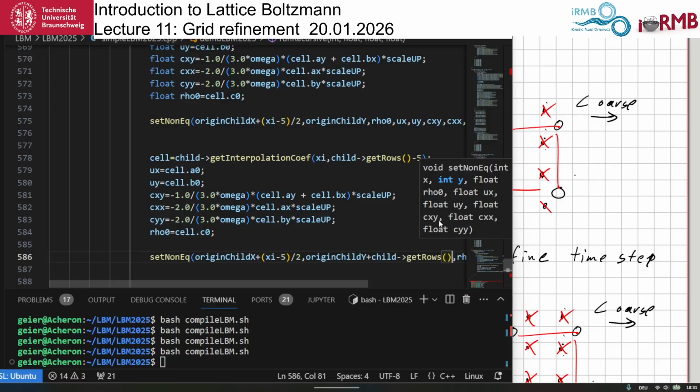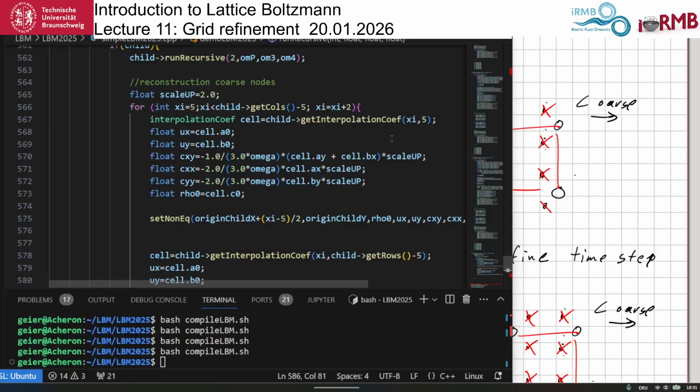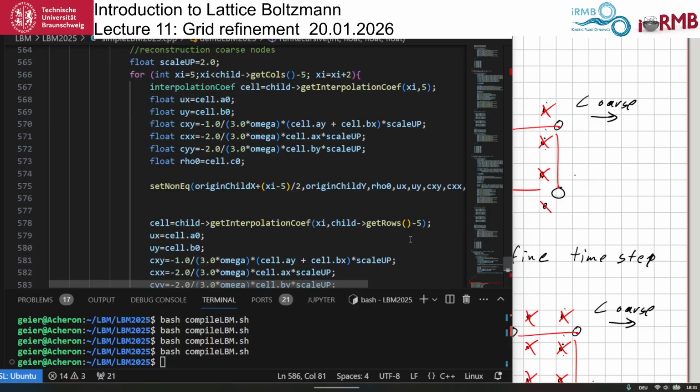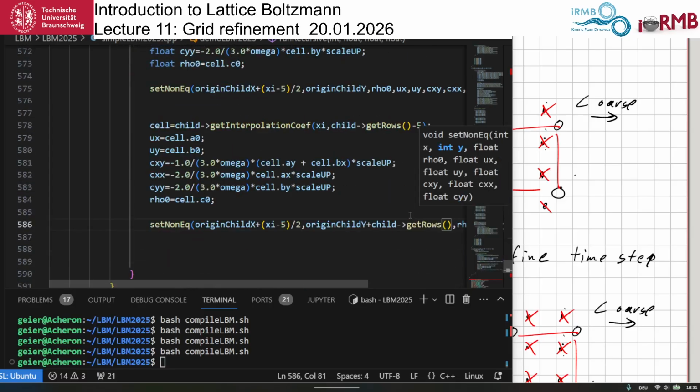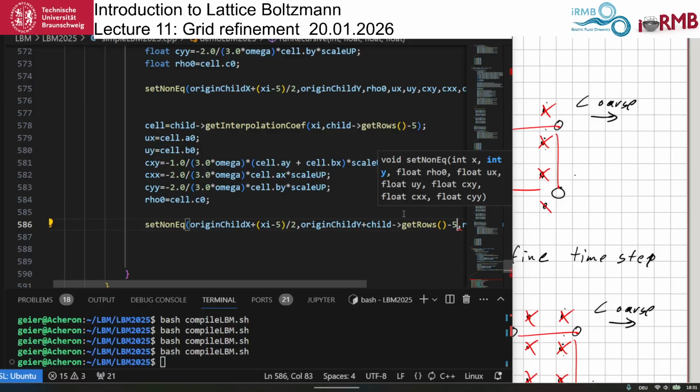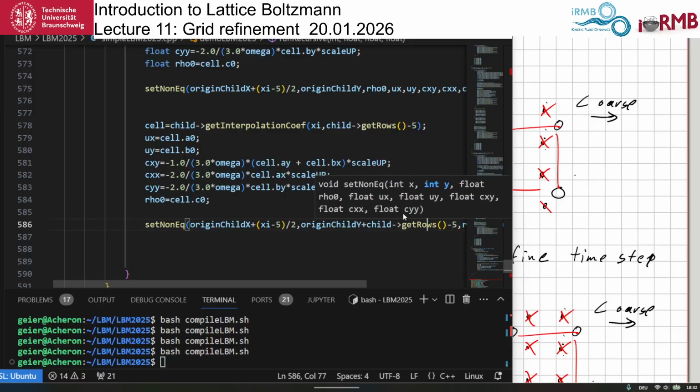So we shift the thing by 5, I guess, and we have to multiply.